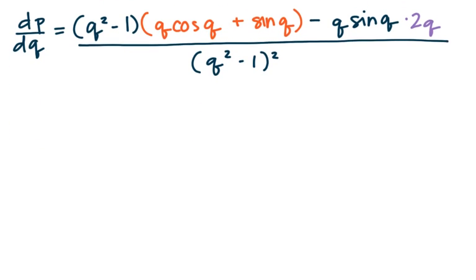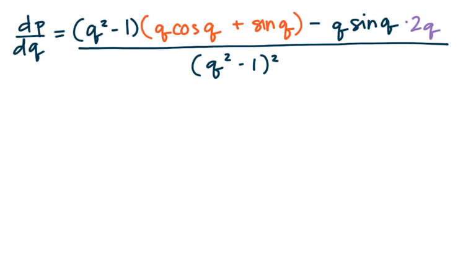Okay, so at this point I'm done taking my derivative. We just need to use a little bit of algebra to simplify. For my first step, I have this big multiplication here. I'm going to FOIL: first, outer, inner, and then last.